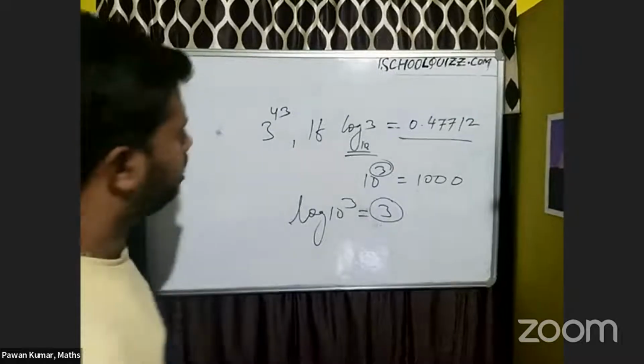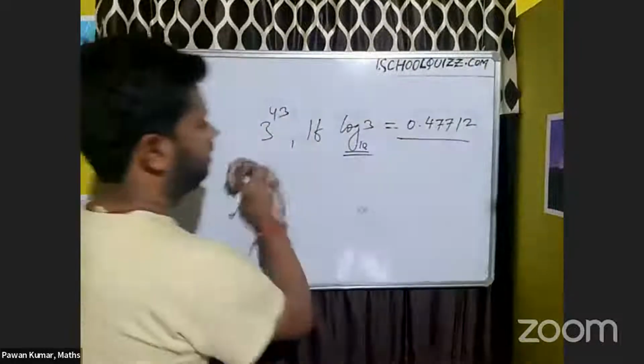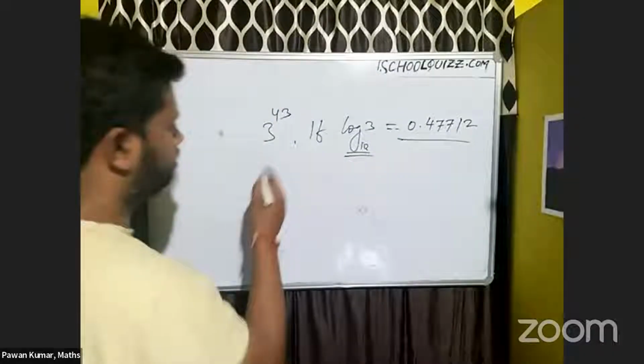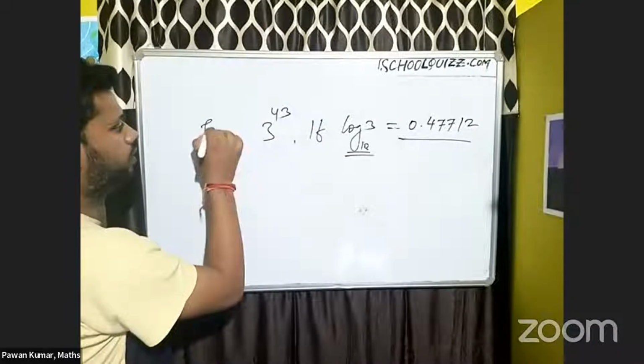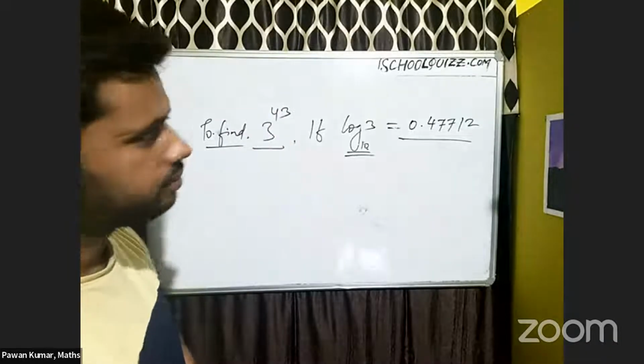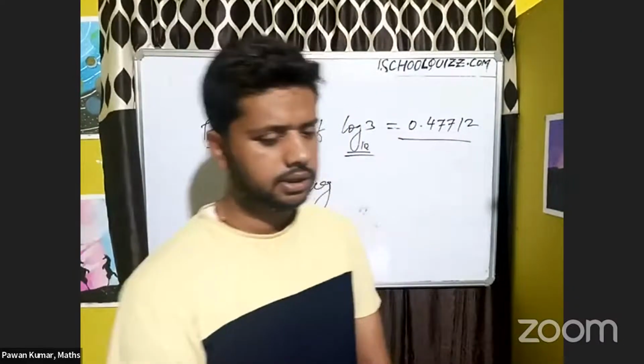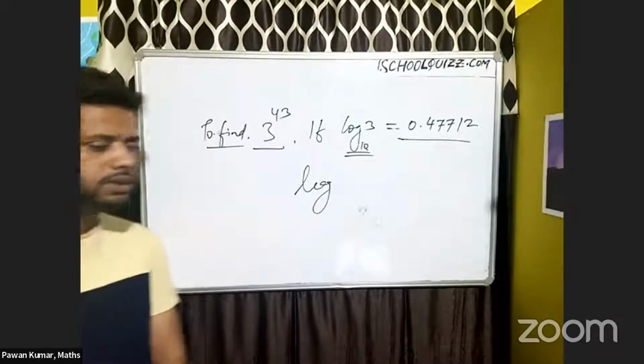So see, you are saying this thing simply. To find the value of this one you are asking, na? 3 to the power 43, how many digits till 3 to the power 43 ends? Say simply, that is from an aptitude questions guide.